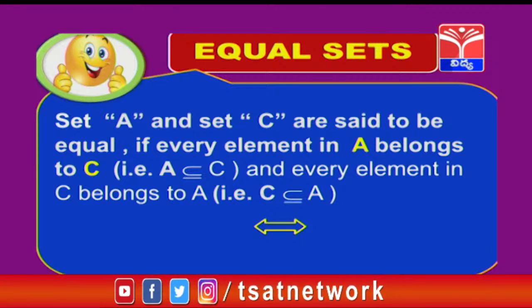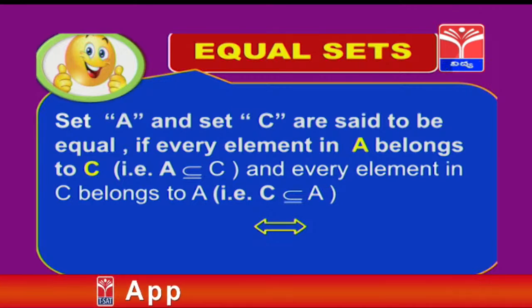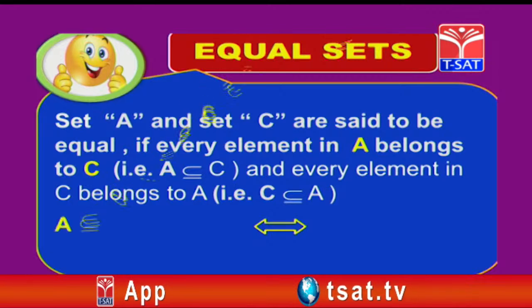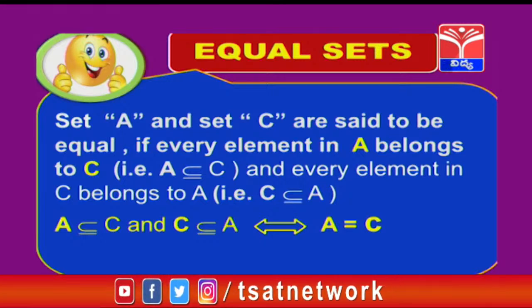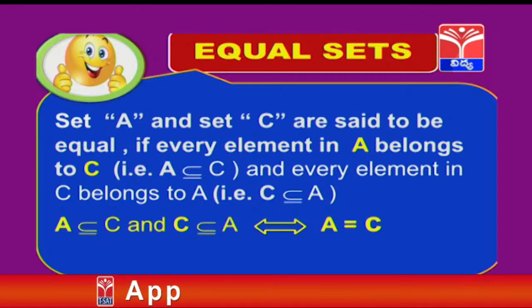And every element in C belongs to A, that is C is a subset of or equal to A. That means A is a subset of or equal to C and C is a subset of or equal to A, then A is equal to C, then A and C are called equal sets. Now, let us check whether the given sets are equal or not.